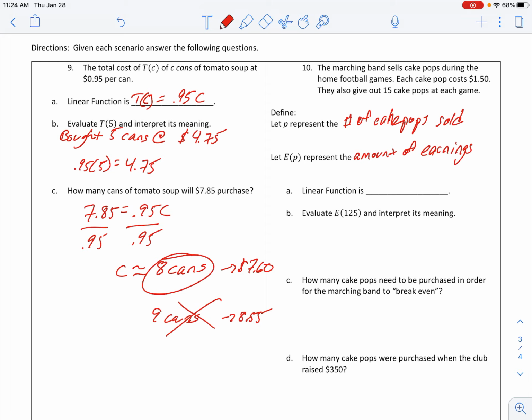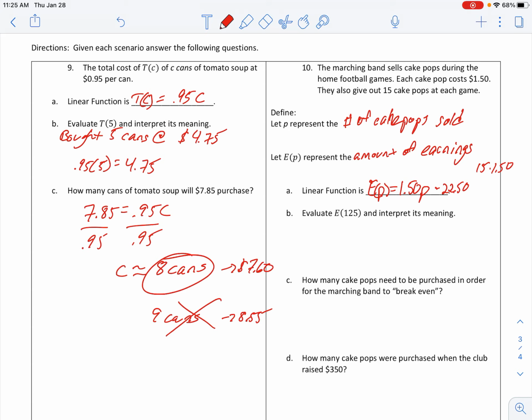So the linear function is, well, we're making $1.50 off of each cake pop. So that is my rate. That would be fine, but we are also losing money, because we're giving out 15 cake pops. 15 times $1.50, we are losing $22.50 each time.